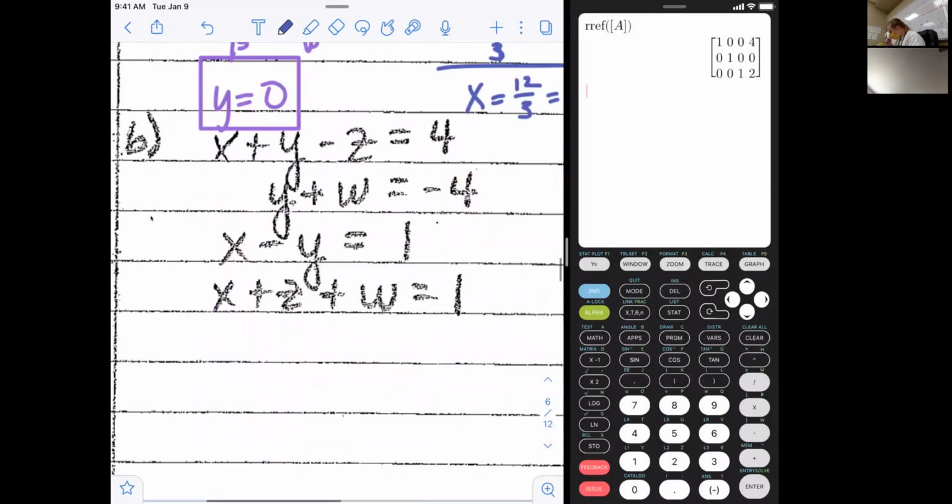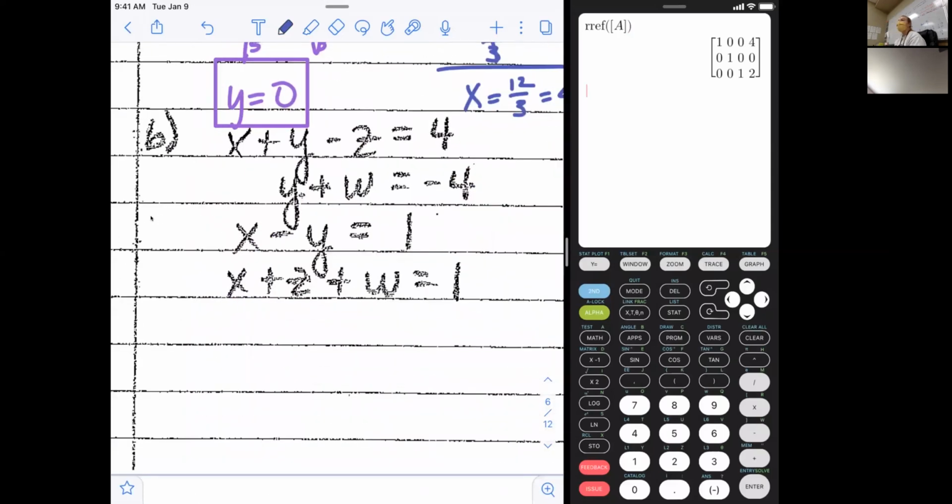Let's write my matrix from here. So I've got X's and Y's and Z's and W's this time. I've got a lot of variables. So X's first. Now, if there's no X in that line, we make it a 0. So I've got 1, 0, 1, 1.